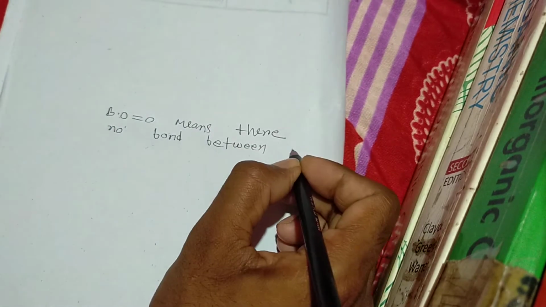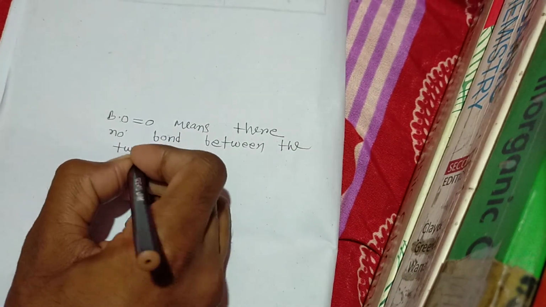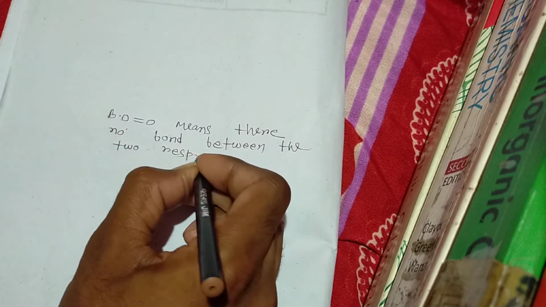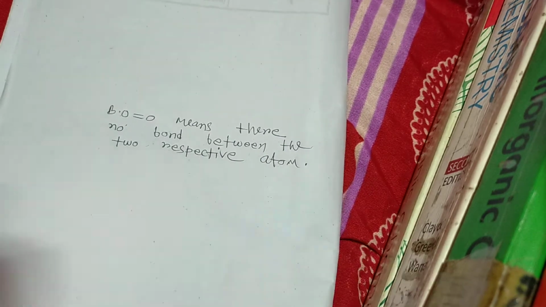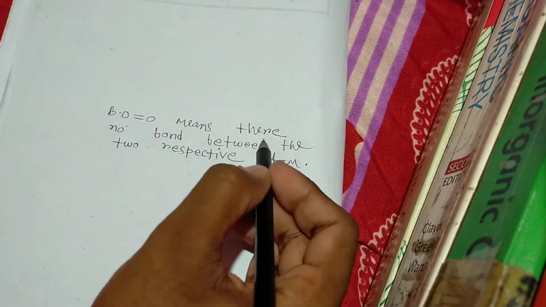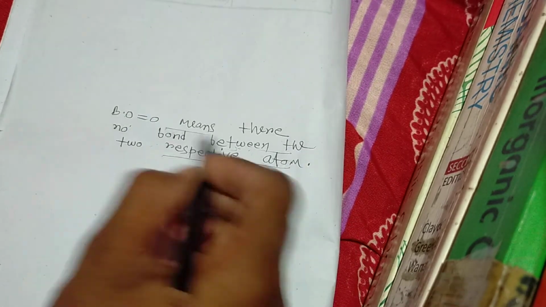Between the two respective atoms. Okay. So see, bond order 0 means there is no bond between the two respective atoms.